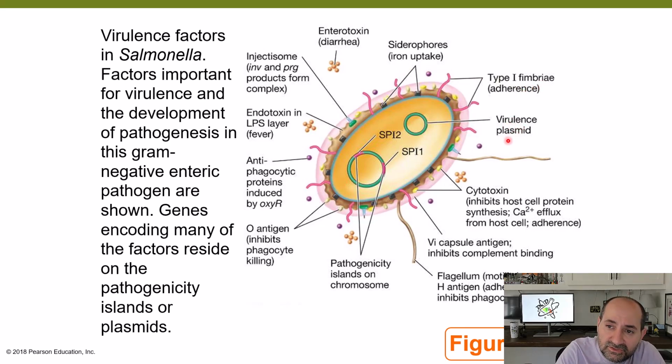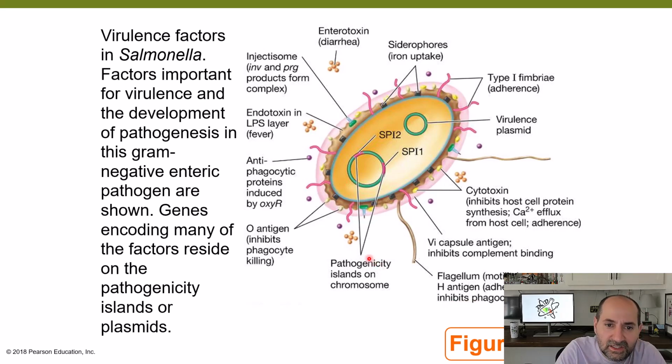It has a virulence plasmid. This plasmid has different genes on it that aid in its pathogenicity. It has a capsule, right? Capsule antigen, which inhibits complement binding. Remember, we talked about complement in chapter 26, and complement is important in the immune system. It has a flagellum for motility, but also it has an H antigen for adherence and inhibiting phagocytic killing.